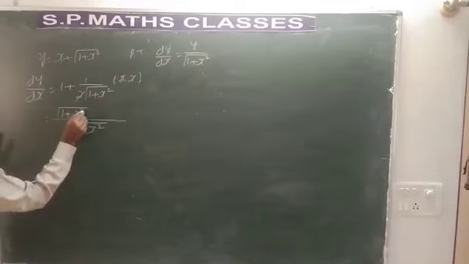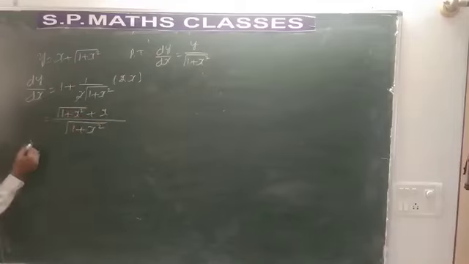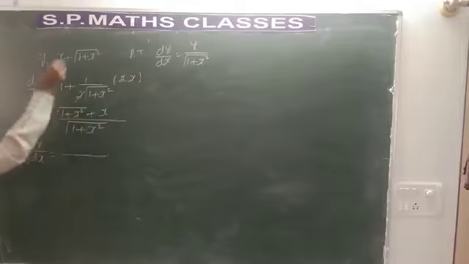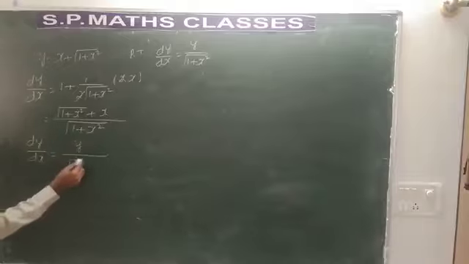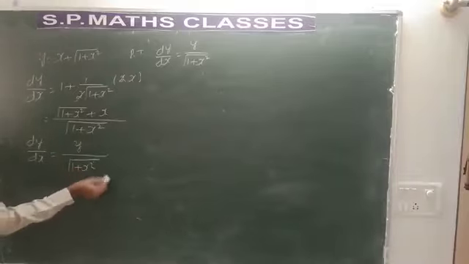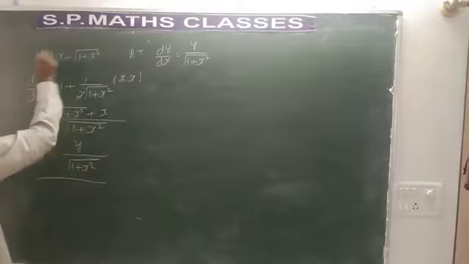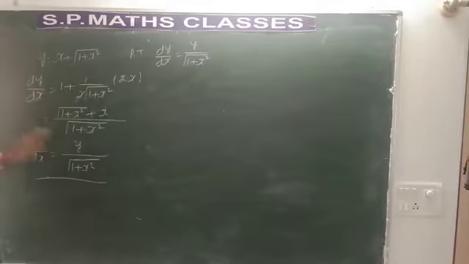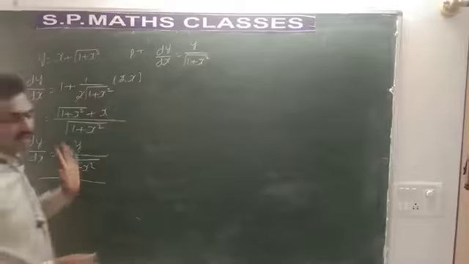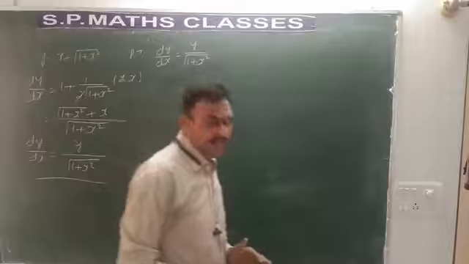In the numerator we get root of 1 plus x squared plus x. So what is dy by dx now? x plus root of 1 plus x squared, divided by root of 1 plus x squared. Please see here, x plus root of 1 plus x squared, what is it in the given problem? It is y. So y divided by root of 1 plus x squared. Very simple and easy problem on chain rule.